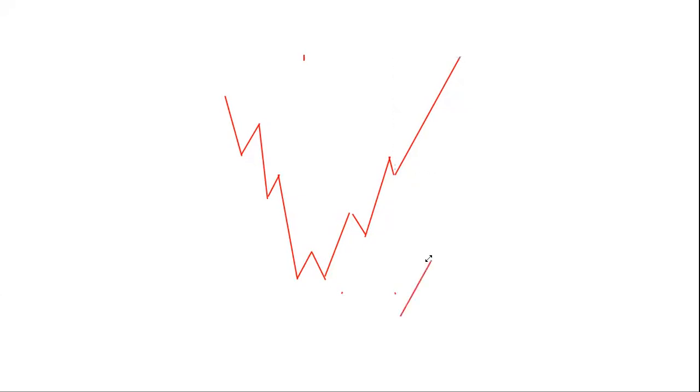Sometimes the market will go like this, come down like that, like this, come down like that. Sorry, it looks kind of crazy. Like this and like this.